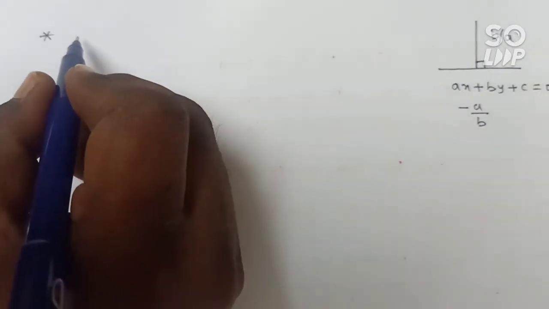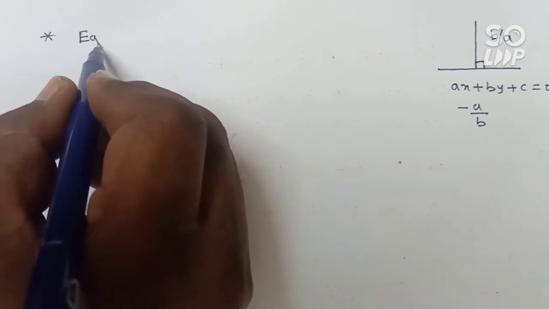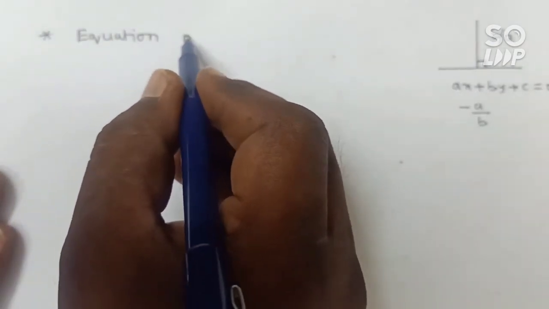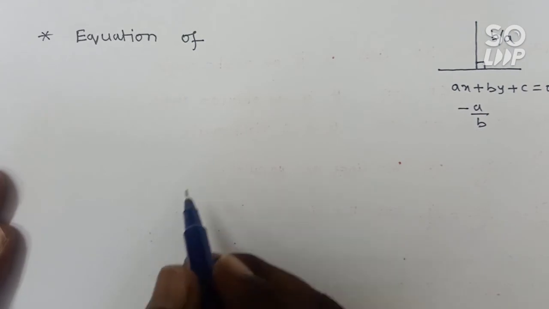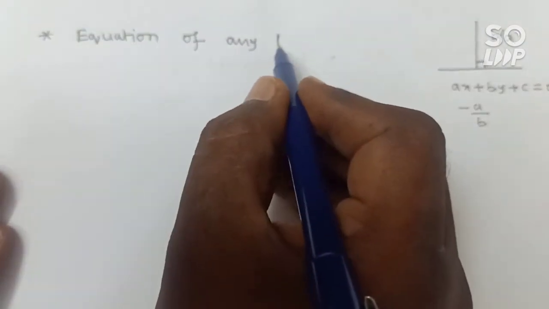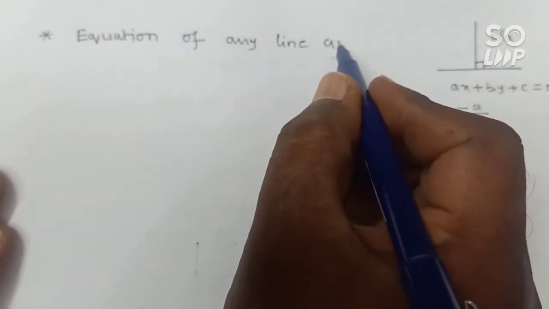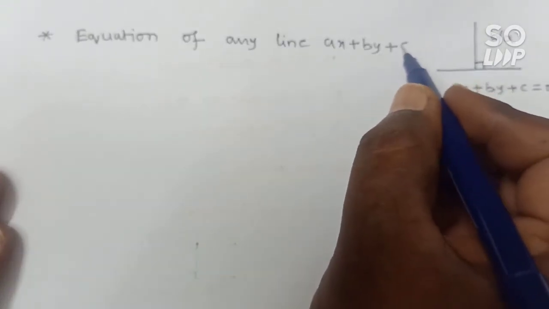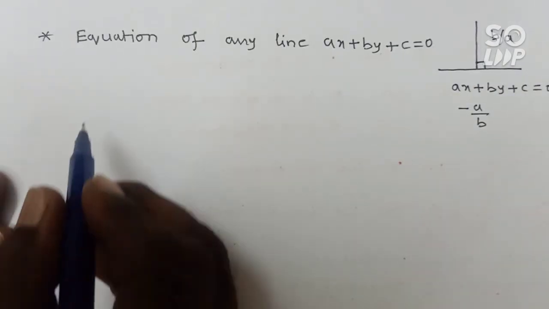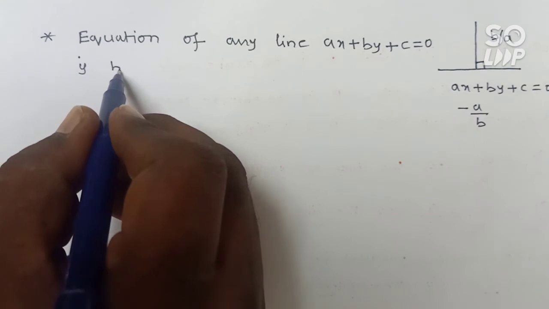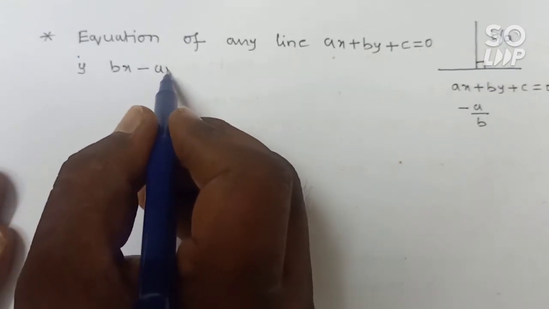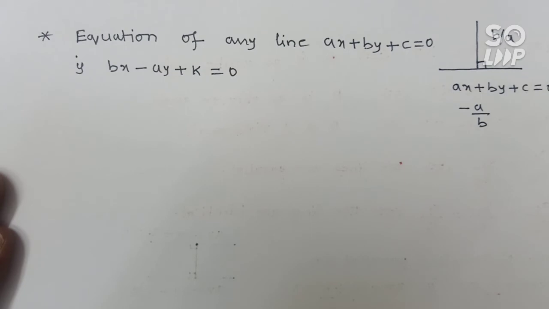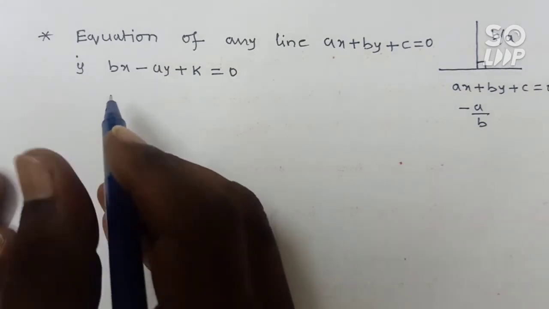Then we can write the equation of any line perpendicular to ax plus by plus c is equal to 0 as b into x minus a into y plus k is equal to 0.